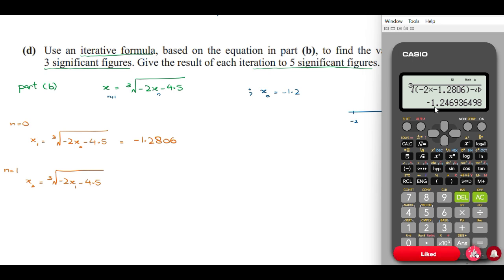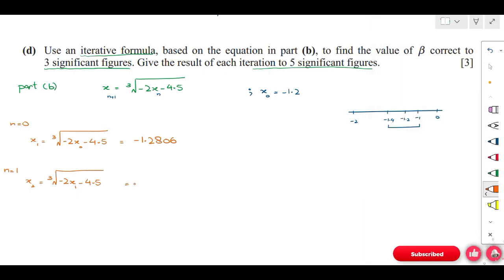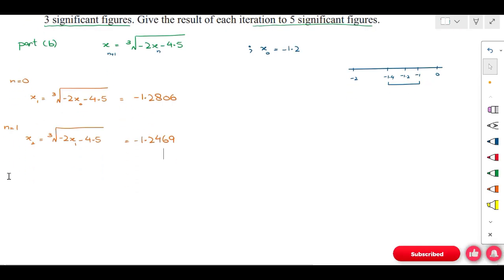Up to 5 significant figures, 1, 2, 3, 4 and 5, so this is minus 1.2469. Okay, let's do the next iteration.